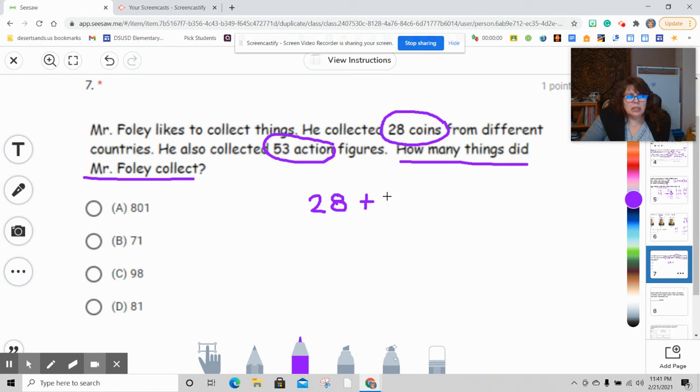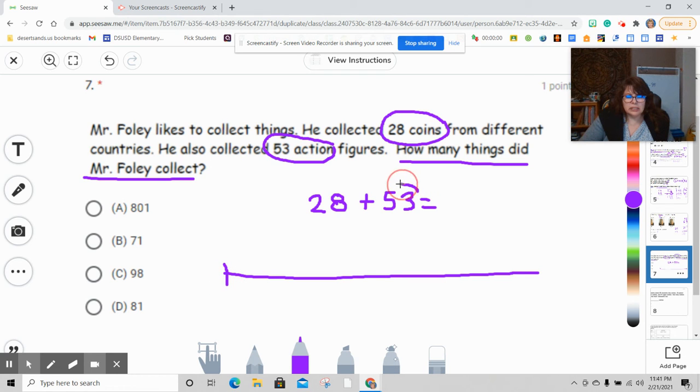And I want to know how many things he collected, so I'm going to put them together because I want to know how many things he collected. So now I'm going to do a number line because you can use whatever strategy you want. If you want to use a picture, that's fine. If you want to use expanded form, that's fine. A number line will work here.